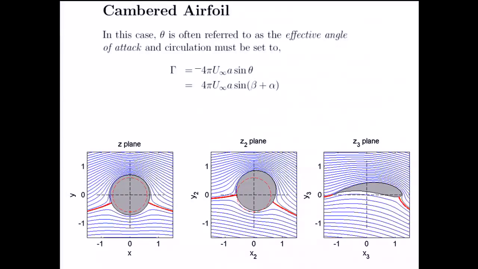Or if it's easier for you, you can think about it as theta equals minus alpha. Because the angle of attack is alpha, and theta is related to circulation. So when alpha is 0, theta should be 0 as well. That is just like you have an airfoil like this, and the flow goes right onto it. It doesn't matter.